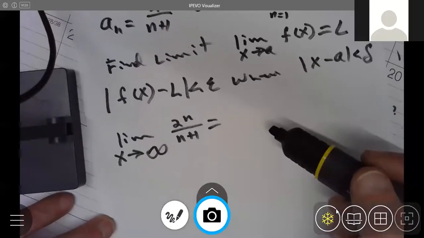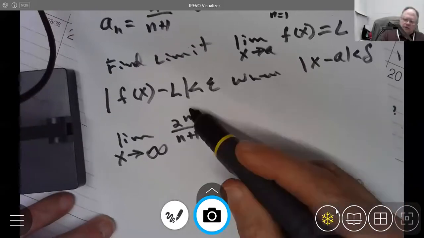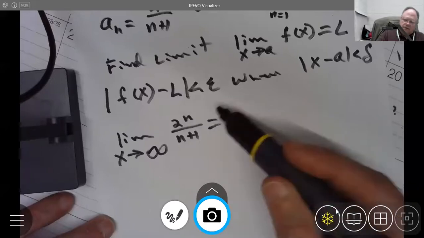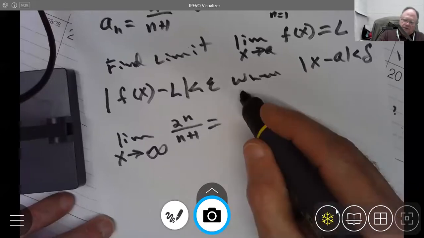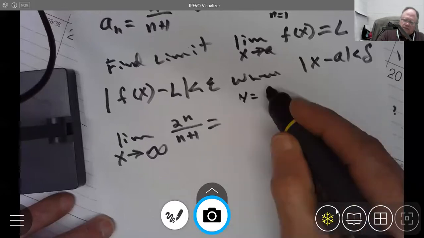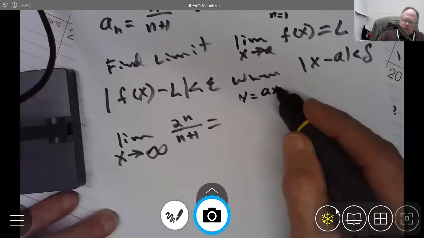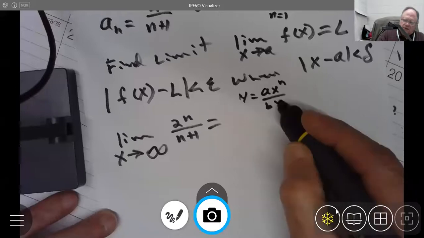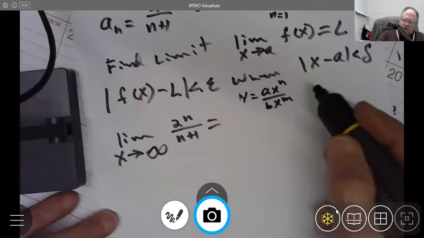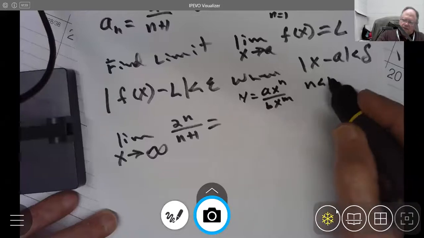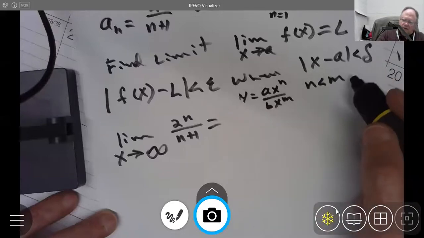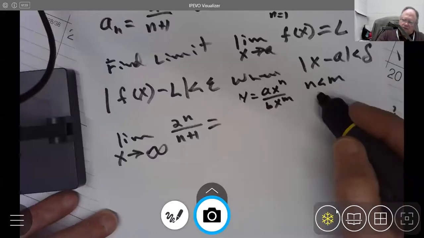Is the degree of the numerator less than? If you're looking at y equals ax to the n over bx to the m, and n is less than m, then the horizontal asymptote is 0.